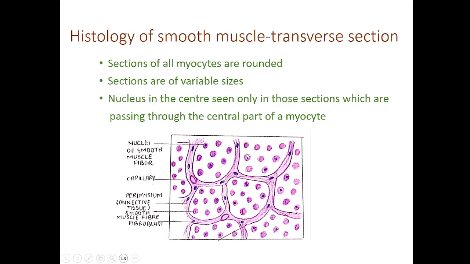If the section is passing through the central bulge, comparatively it will be bigger. But all the sections will be rounded with variable sizes. If the section is passing through the center, then only you can see the nucleus in the section. Otherwise, you can't see the nucleus in the section. You can also see these muscle fibers are covered by external lamina.